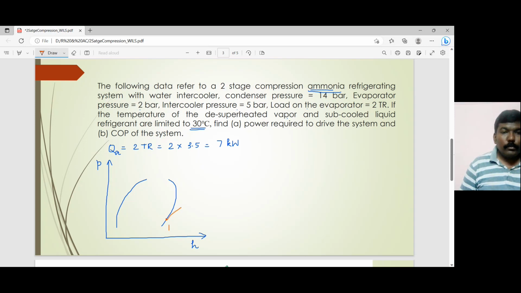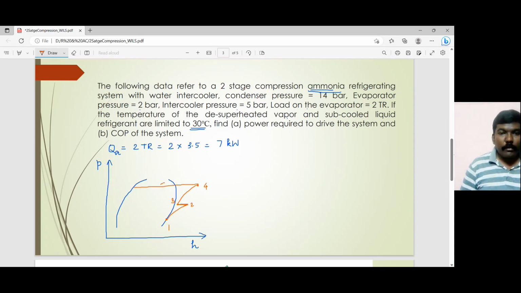So 1 to 2 is going to be my compression in the low pressure compressor. Then 2, 3 is my water intercooling. Point number 3 is not on the dry saturated vapor line, it is still in the superheated state. And 3, 4 is the compression in the high pressure compressor.